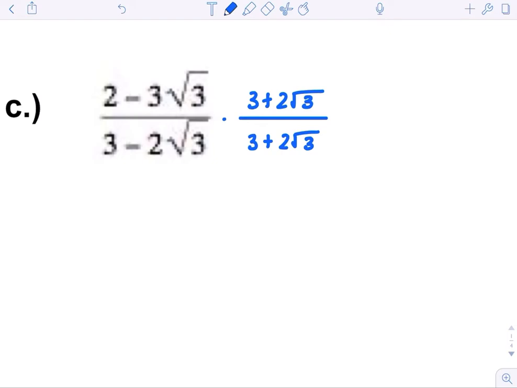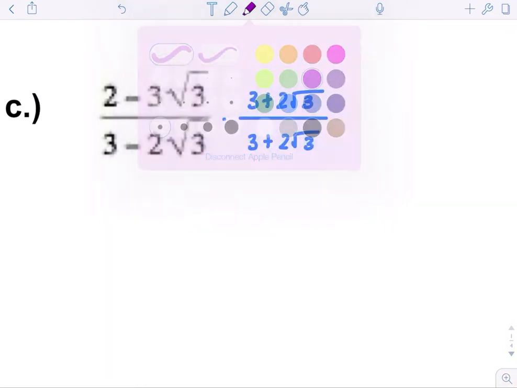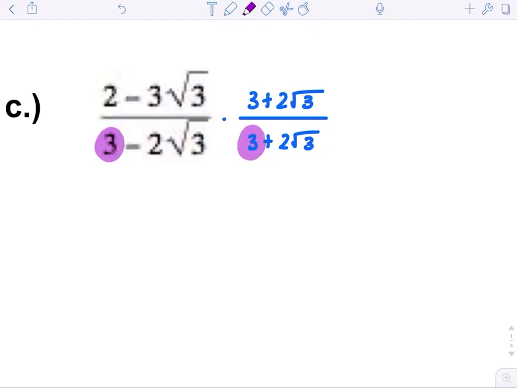Alright, so when you multiply by the conjugate, these first two terms you multiply together, and these last two terms you multiply together.